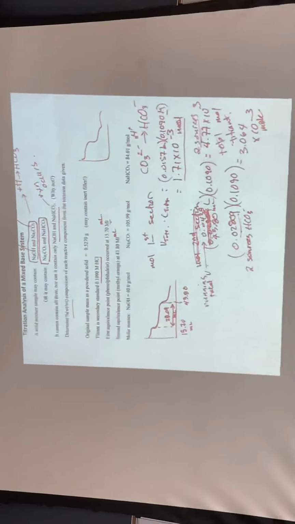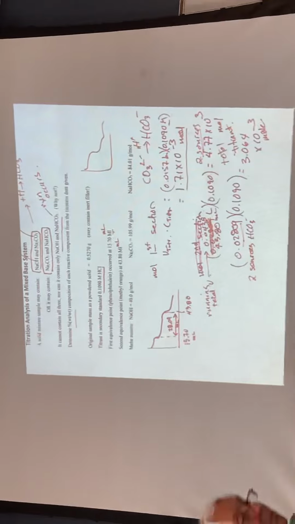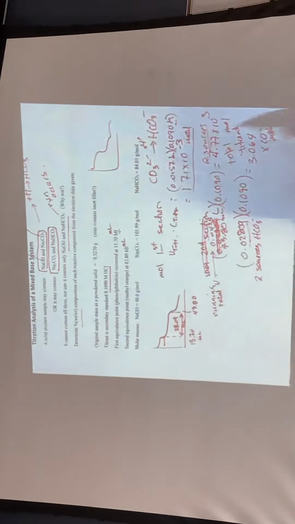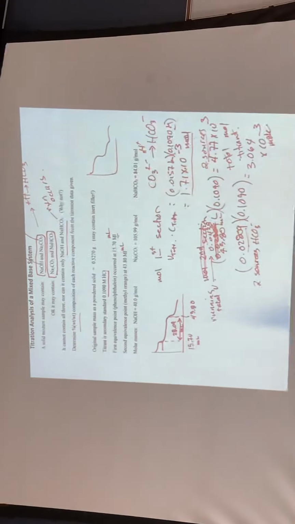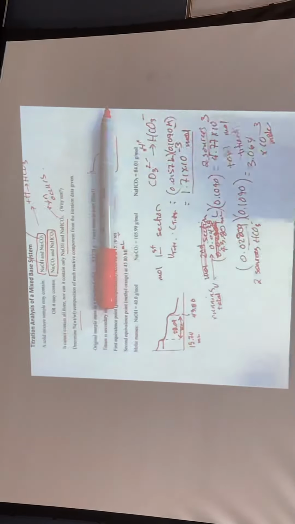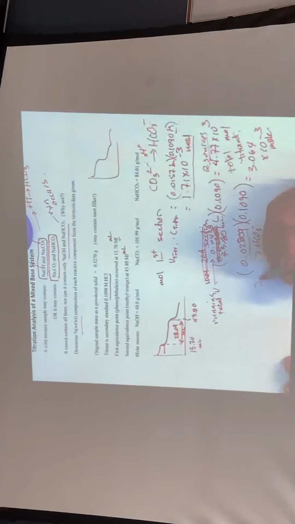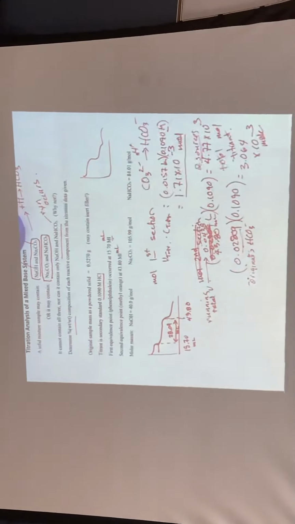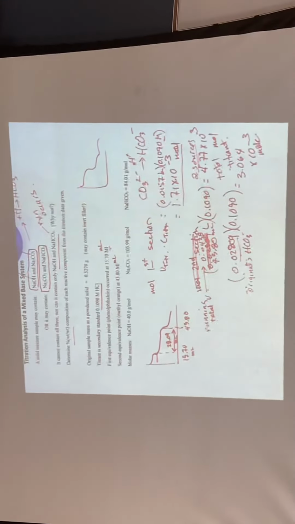And so if I take the difference between the total and the part that already titrated once here, then I have just the original bicarbonate. The original bicarbonate. So now I can find my percent weight to weight of each thing.